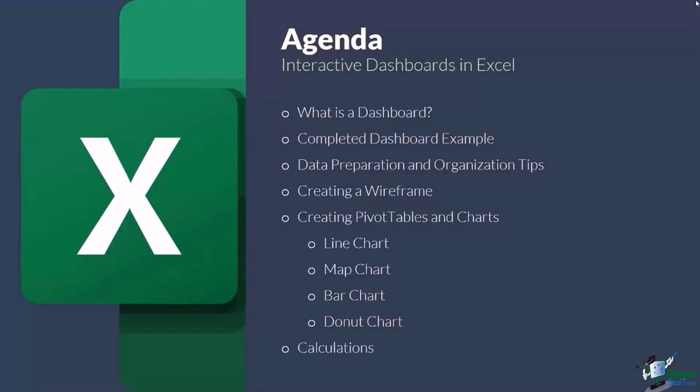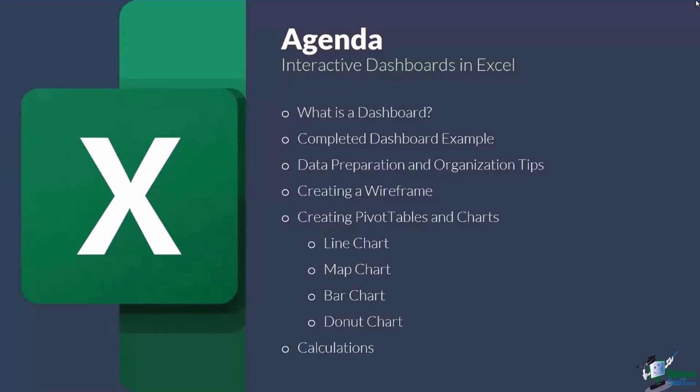So if you love pivot tables as much as I do, then you're probably going to really enjoy this. We're going to create 4 different pivot tables and 4 different pivot charts. We're going to create ourselves a line chart, a map chart, a bar chart, and a donut chart. I'm also going to show you how you can incorporate calculations using formulas onto your dashboard as well.